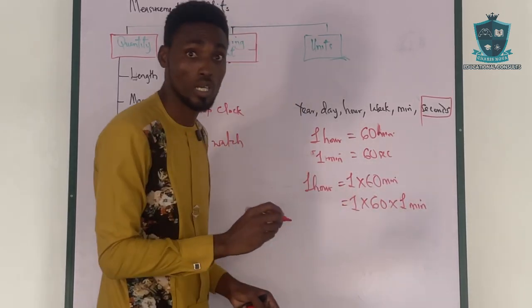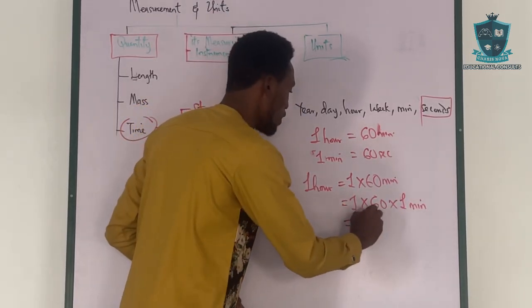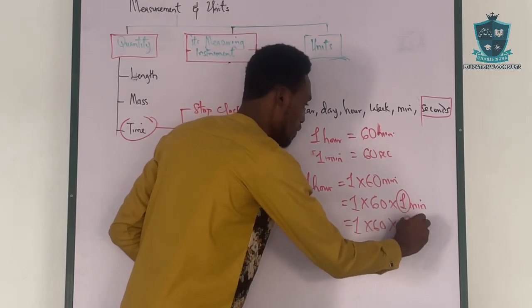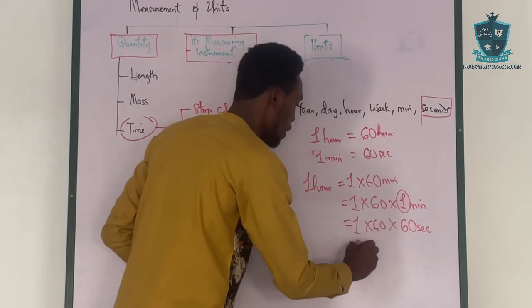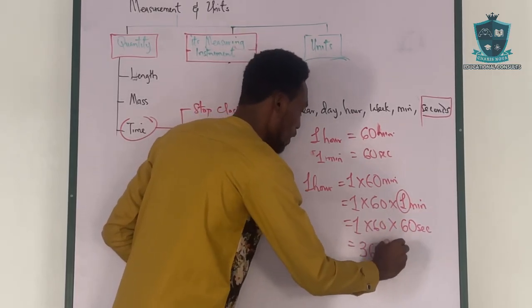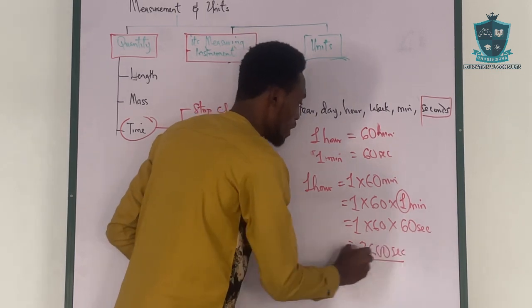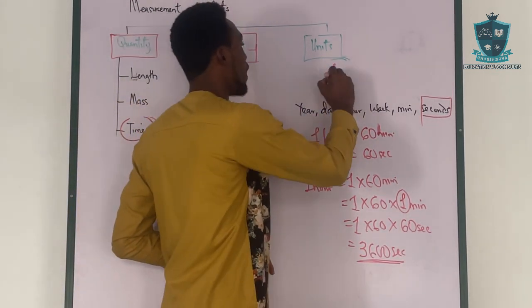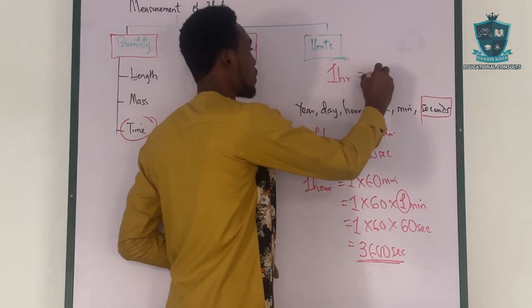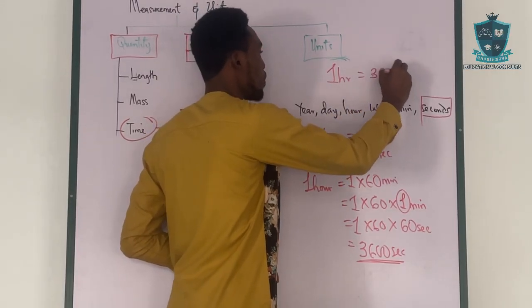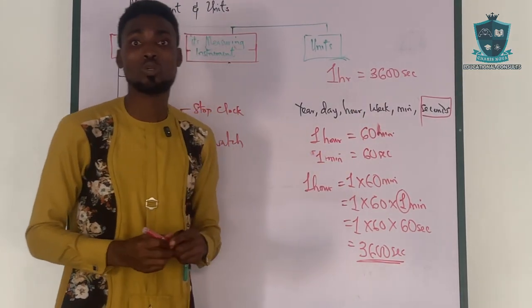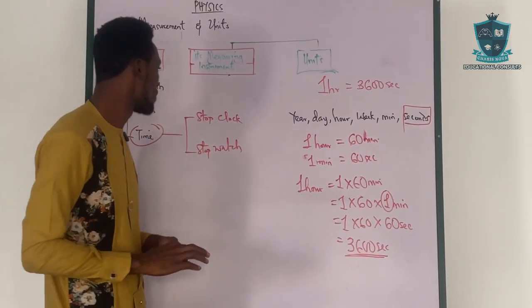Do we agree? And lastly, we have 1 times 60 times, this is now 60 seconds, right? So you have 3,600 seconds found in 1 hour. So this simply means that in your mind, every time you see 1 hour, as a good student, just know 3,600 seconds. This is going to save you $1 million.